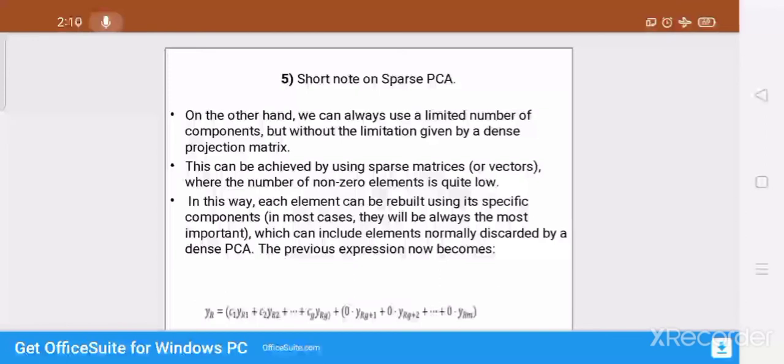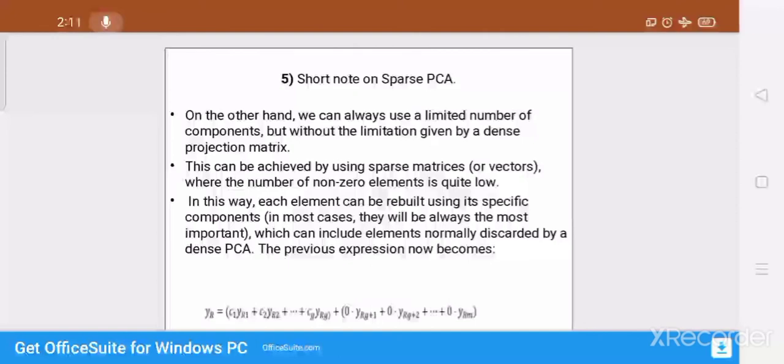What does dense PCA mean? The non-zero elements are selected first, the other elements are discarded, and the remaining elements will be rebuilt using the important elements that we have selected. So the equation becomes like this: the non-zero elements become separated, and the zero elements become separate. That's why the expression becomes like this.